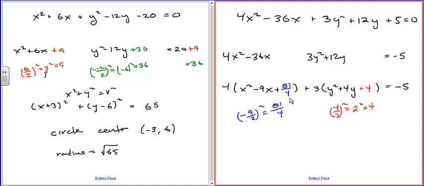But what we're doing here effectively is we're adding 4 times 81 over 4. So we're really adding 81 here. And here we're adding 3 times 4. So that's 12. So we're really adding 12. So to add those, we're going to add 81. And we're going to add 12.